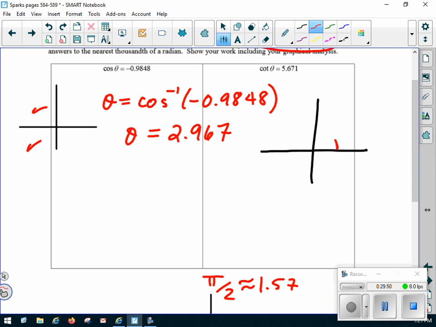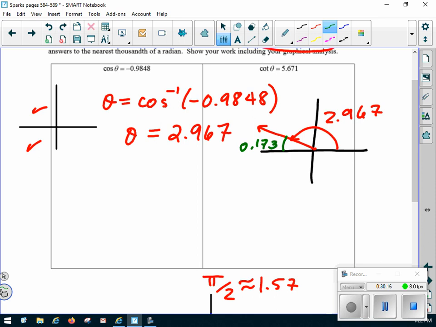So right here is the 2.967. What's the reference angle? 0.17? Give me one more decimal place. 0.173?